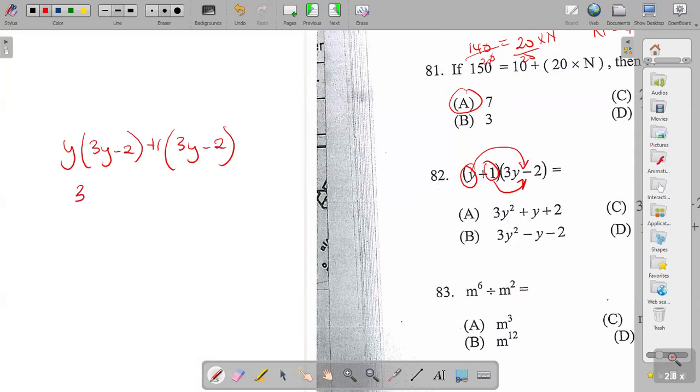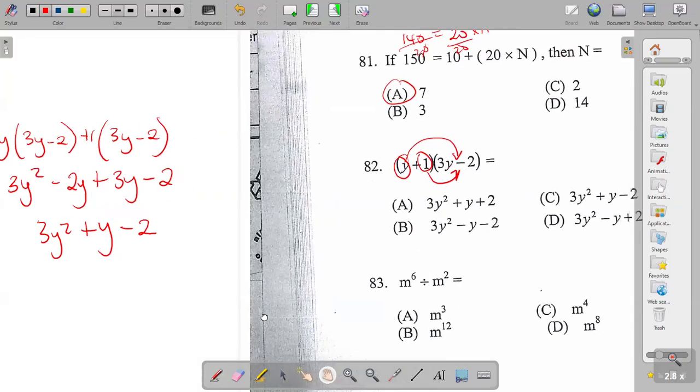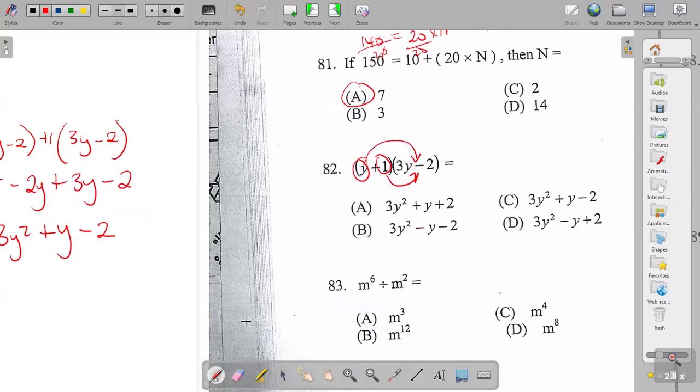So this is going to be 3y squared minus 2y plus 3y minus 2. So this is going to give me 3y squared. You should know that this is positive y because this one is bigger. 3 minus 2 is 1, minus 2. So 3y squared plus y minus 2.